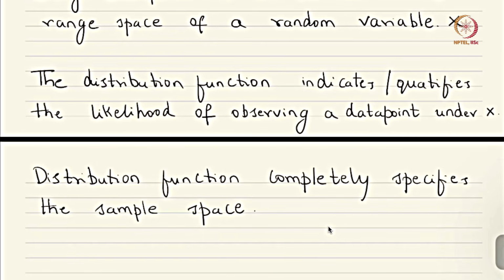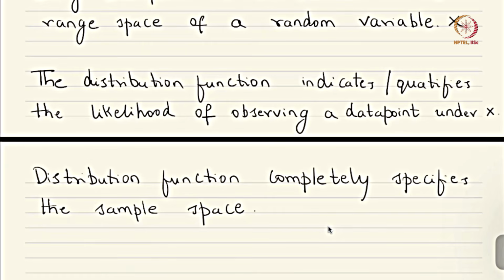So, now I will trace this back. There is an underlying experiment, a random experiment that is happening. There is a probability measure that we have defined on top of the sample space, and when we measure, we assume that there is a random variable, a function that takes the elements of the sample space and maps them to real numbers, and that is what we are seeing. That translates the probability measure onto the distribution functions.